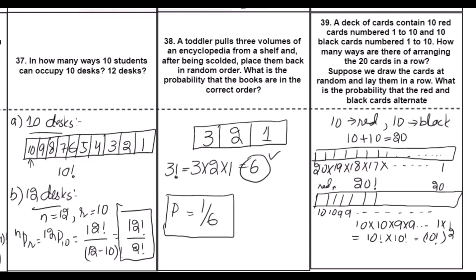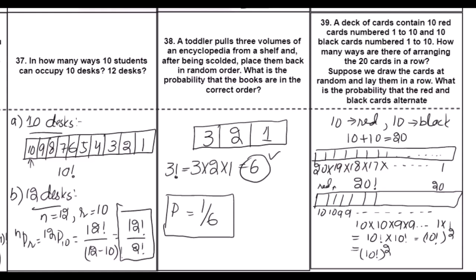So initially I will have the black one. That is another possibility. For that possibility I again have the same combinations and the same number of possible outcomes, so I will get 10 factorial whole squared again.